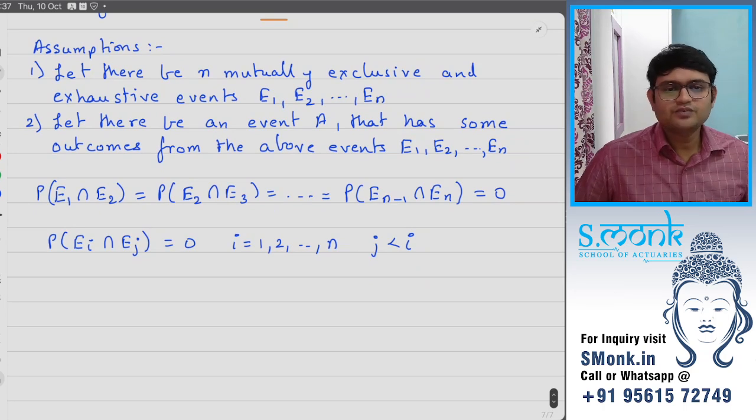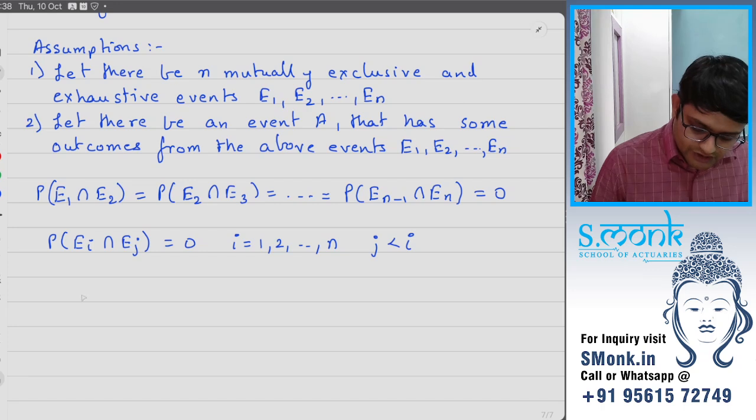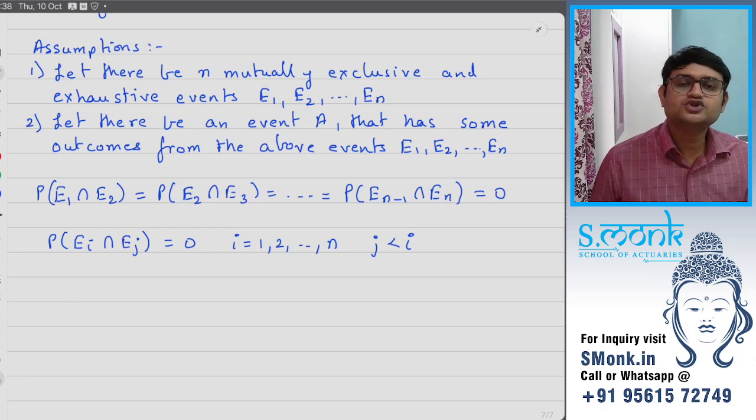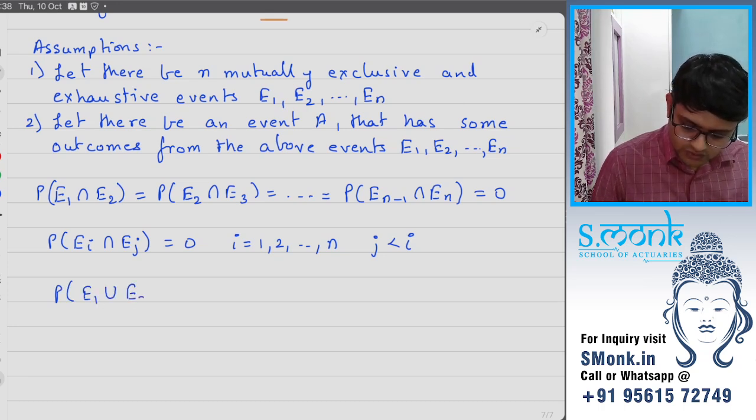Then we are saying they are mutually exhaustive events. Mutually exhaustive means together they should make up the whole universal set, or probability E1 union E2 union till En will be equal to 1.